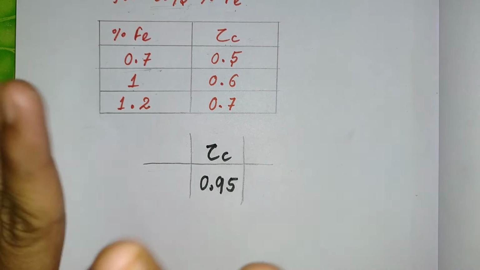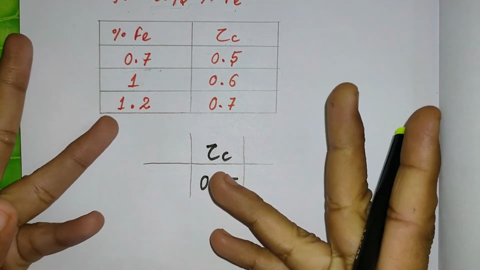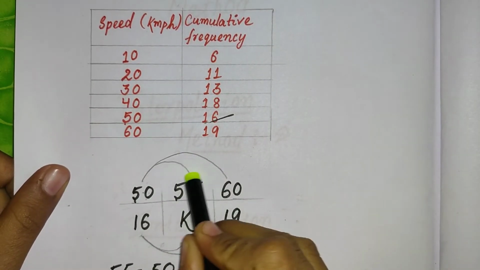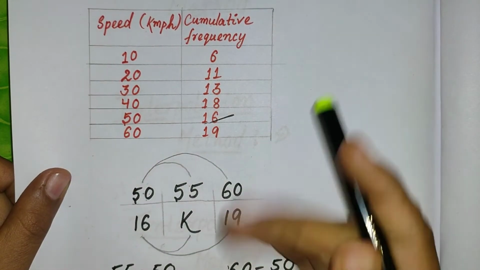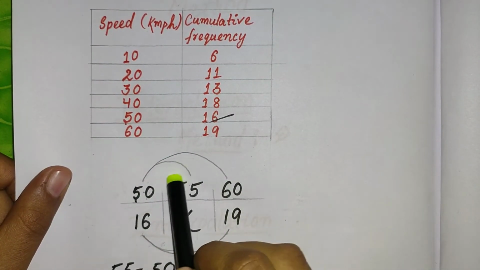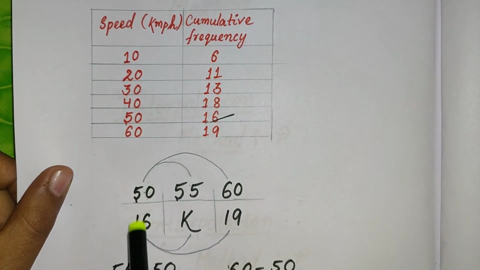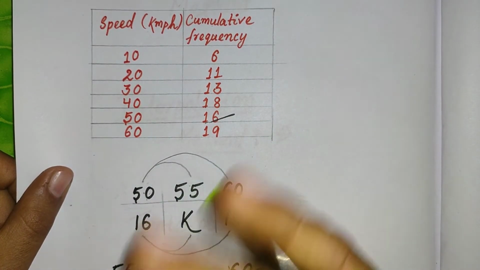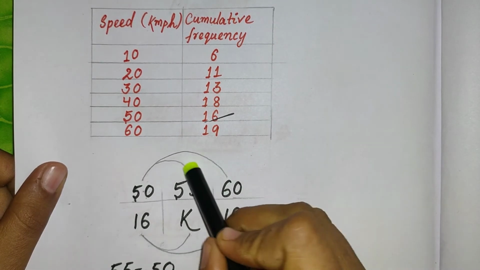It's not going to affect your answer, but you have to put the unknown values only in the middle and the side values always outside.